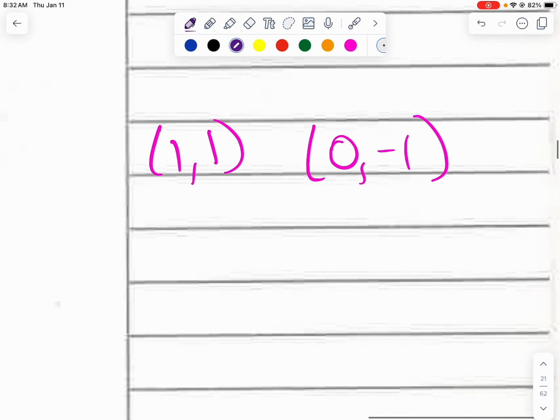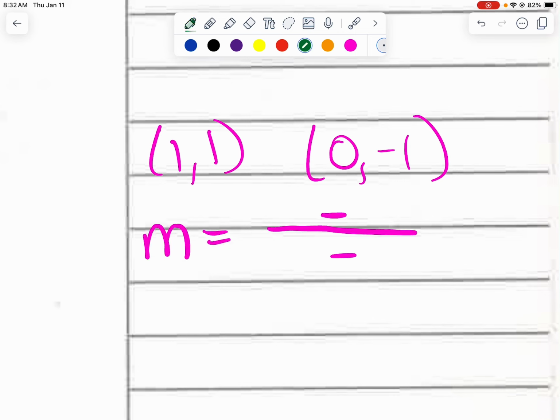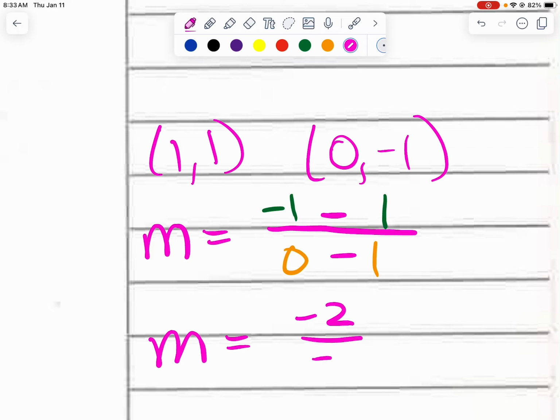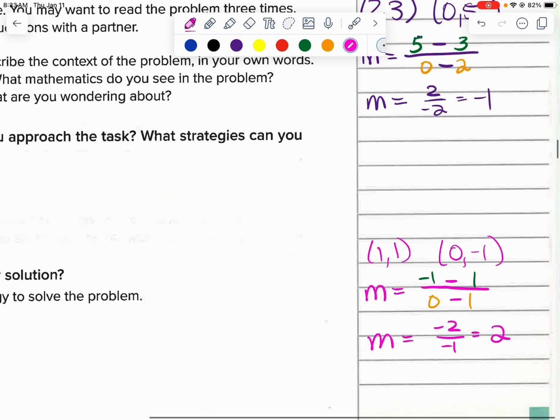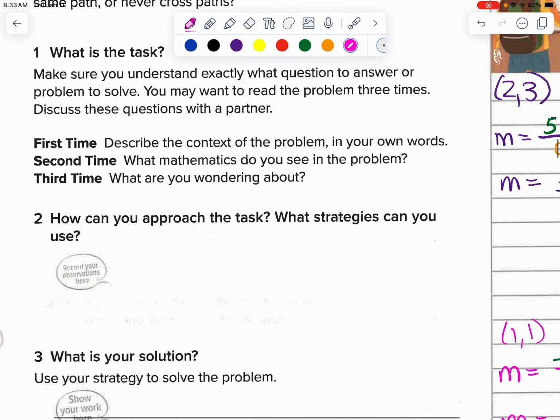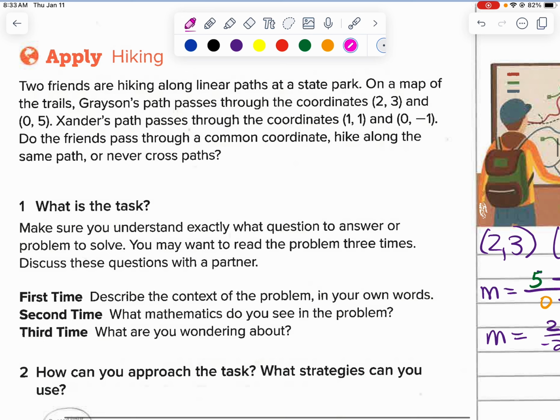Then let's look down here for the slope for this one: negative 1 minus 1 over 0 minus 1. So my slope for this one is negative 2 over negative 1, which will be 2. The fact that they have two different slopes means that they will have a common coordinate at some point.